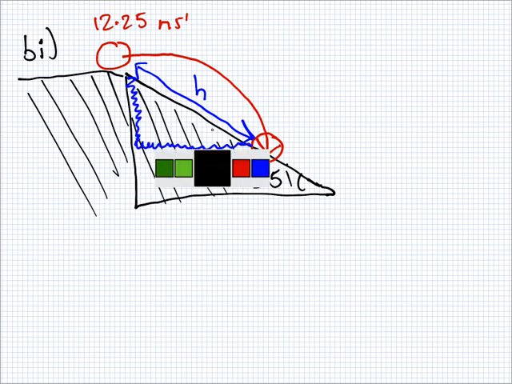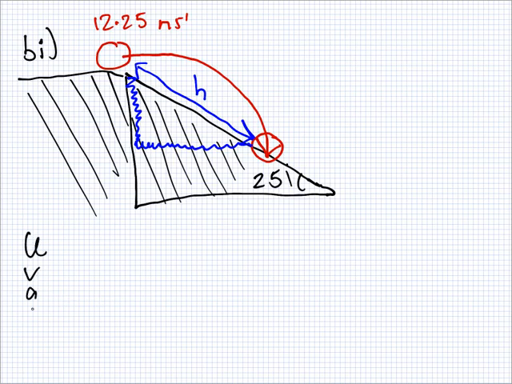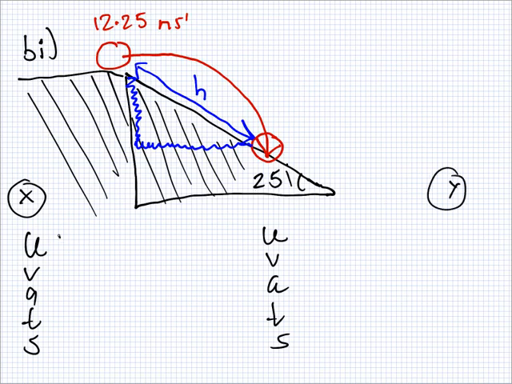Right. So ultimately, what type of problem is this? It's a projectile problem, isn't it? So we have a horizontal UVATS and a vertical UVATS. Horizontally, what's the U? 12.25.